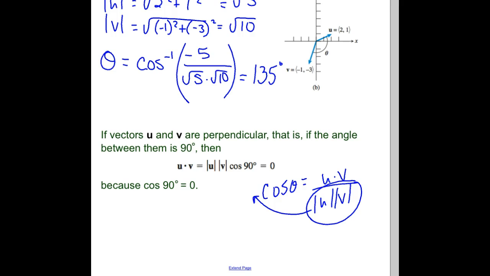It's another version of it. They're saying, what if the angle's 90 degrees? What's the cosine of 90? It's 0. So you take the two magnitudes and multiply them by 0, you get 0. So if you end up with a dot product equaling 0, then you know that the angle between those two vectors was 90 degrees. Okay, that's a useful thing.